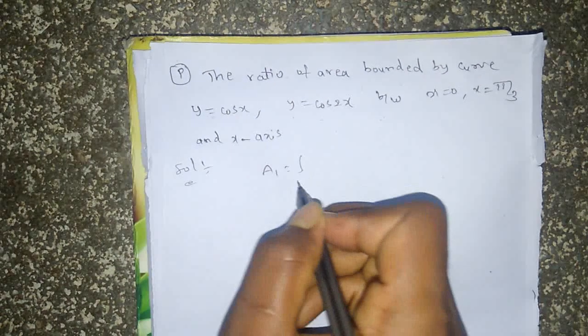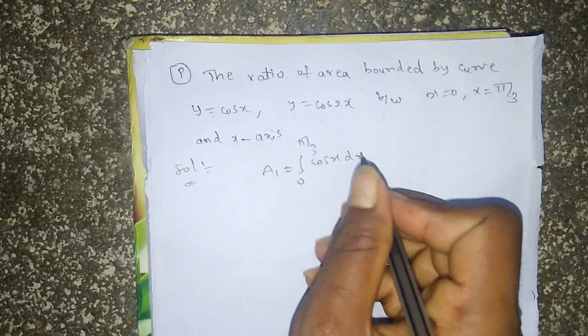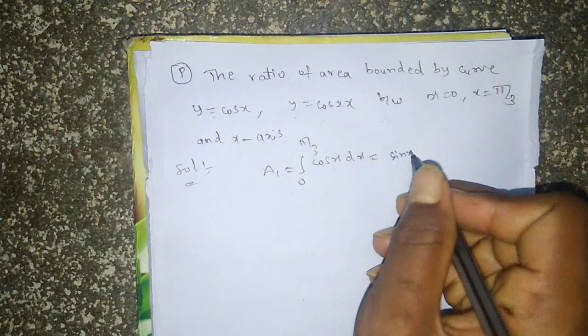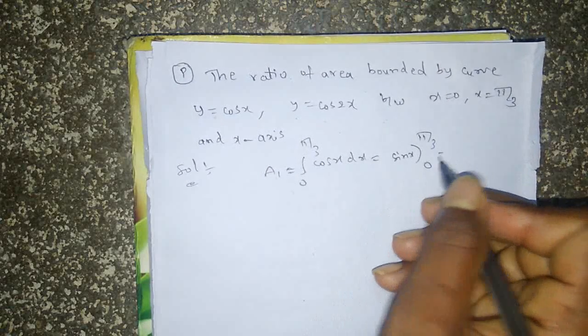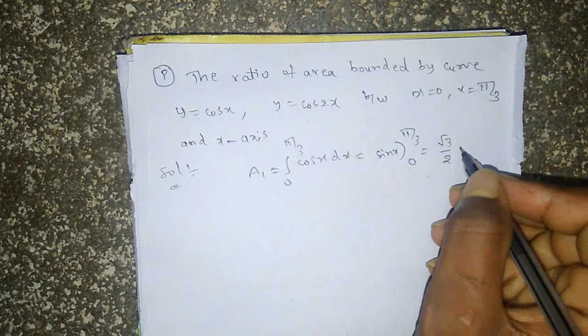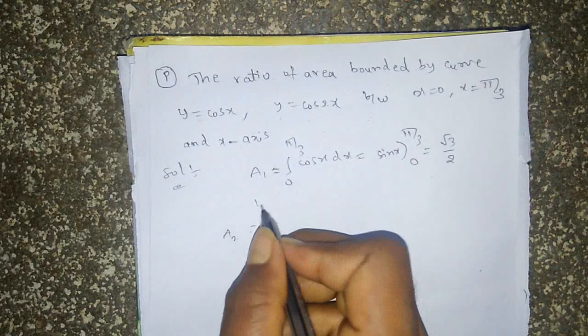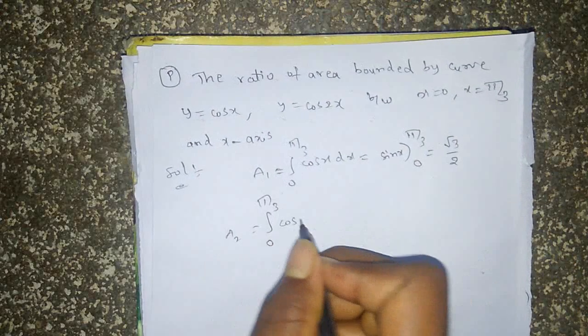Here A1 = integral from 0 to π/3 of cos x dx. The integral of cos x is sin x, with limits 0 to π/3. sin π/3 is sin 60, which is root 3 by 2, minus sin 0, which is 0. A2 = integral from 0 to π/3 of cos 2x dx.